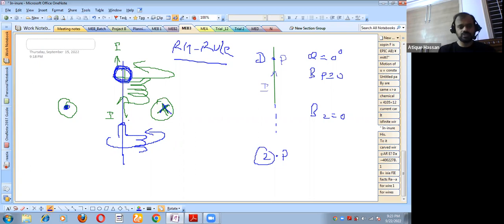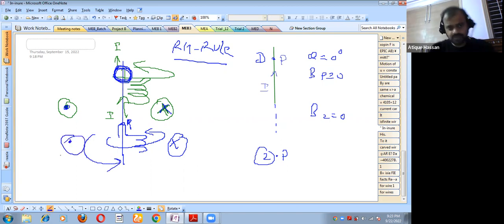So place your thumb along the current and curl your fingers like shown in the figure, and you will get the magnetic field. If the point is on the right side, obviously the curling will go inward, so the magnetic field will be inward. And here obviously the curling will come outside, so the magnetic field is outward. Either way you can remember: if the point is on the right side, the magnetic field is inward, and if the point is on the left side, the magnetic field is outward.